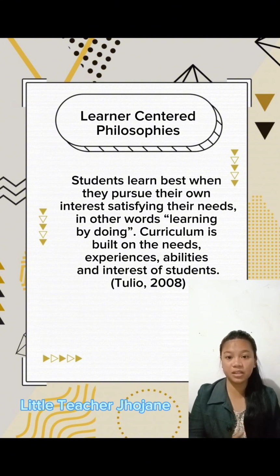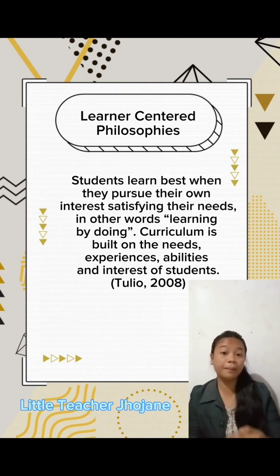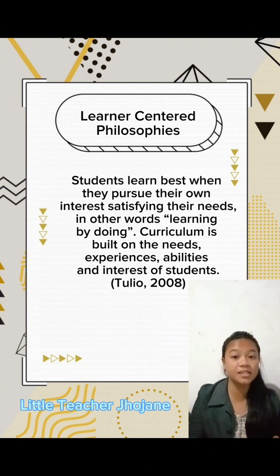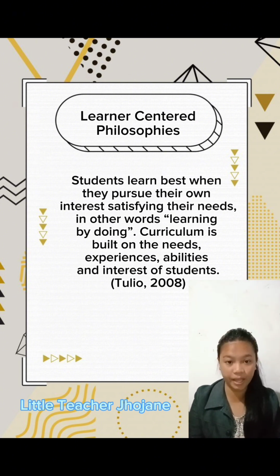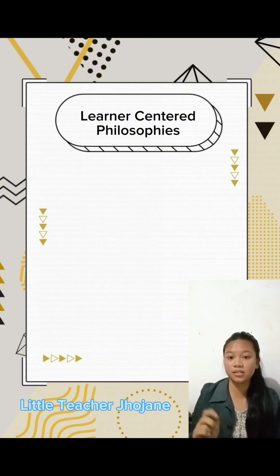Students learn best when they pursue their own interests, satisfying their needs. In other words, learning by doing. Curriculum is built on the needs, experiences, abilities, and interests of students. That is progressivism.